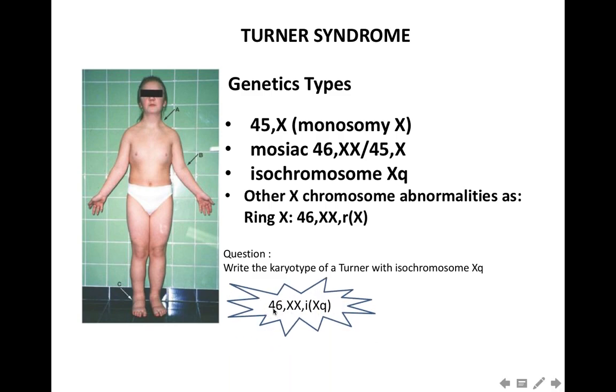So the number will be 46 XX, but one of the X chromosomes is an isochromosome long arm, which means that the X chromosome is formed of two Q arms instead of a P and a Q arm, due to the horizontal division of the centromere instead of vertical division in one of the two gametes.